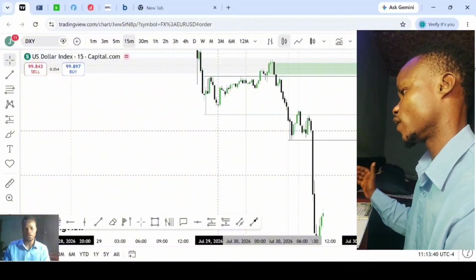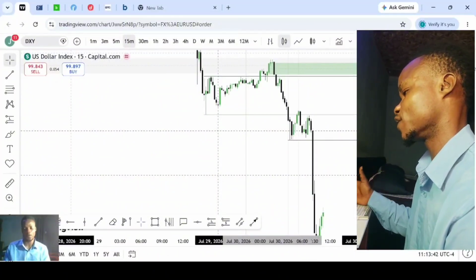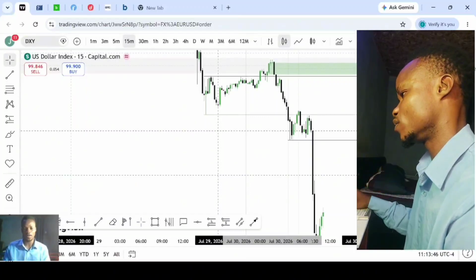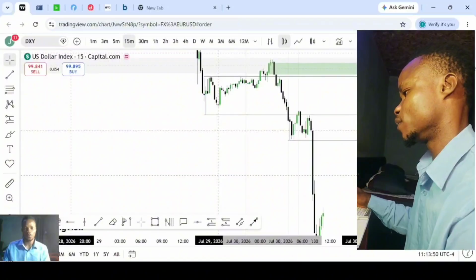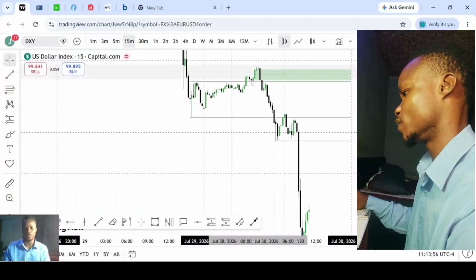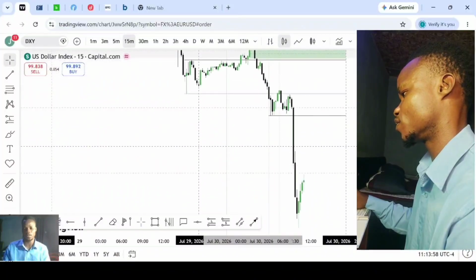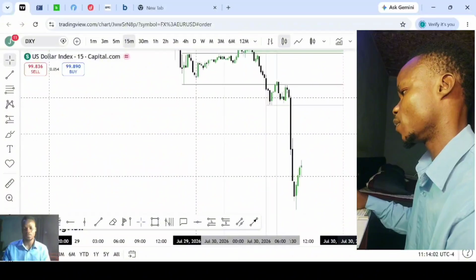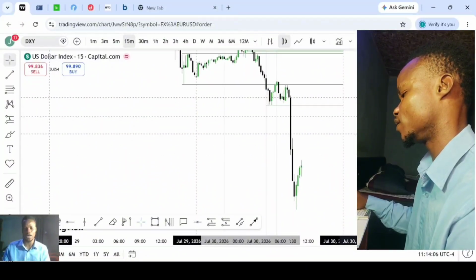Then only five, let's say, are your winning trades. There's no way you would not still be in profit if you have your risk management and proper management in place. Trading is about risk management, how you can manage your risk. It's not about being wrong or right. It's just how you can manage your risk.